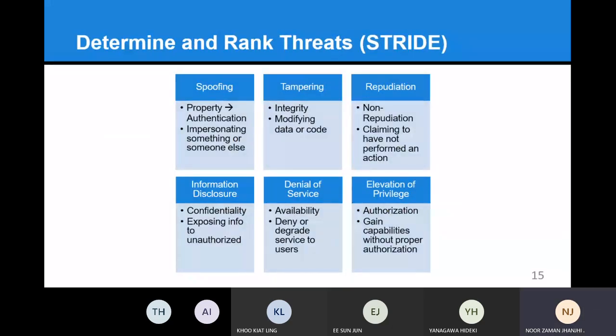Now we need to determine and rank the threats for the STRIDE model. You know that in STRIDE we have six different things: spoofing, tampering, repudiation, information disclosure, denial of service, and elevation of privileges. So when we go for this, we are required to address all of them.